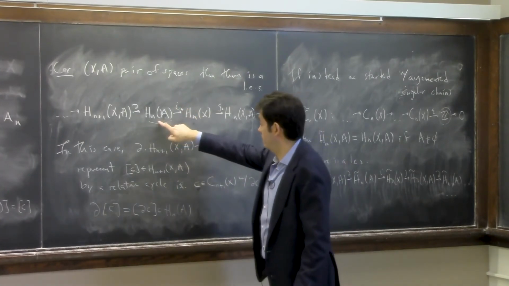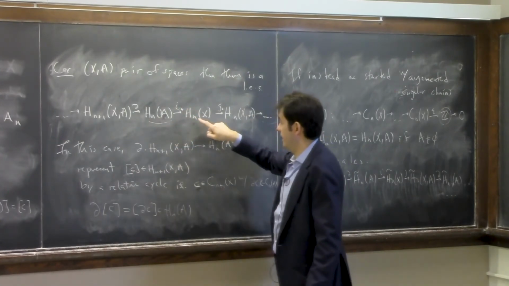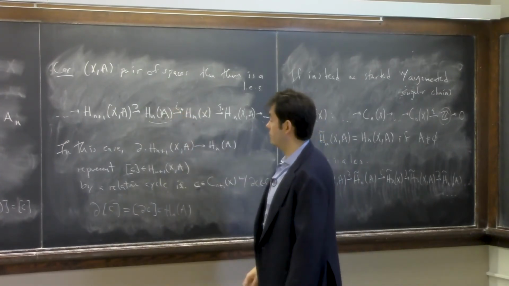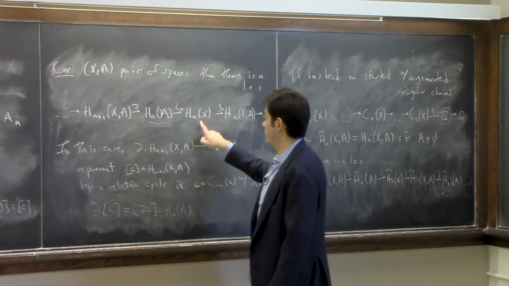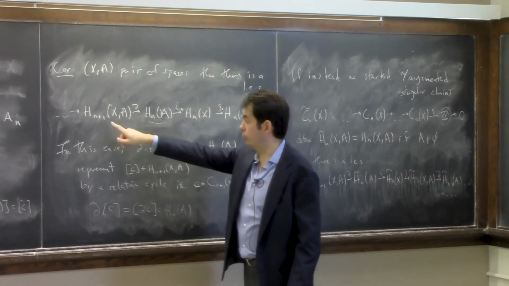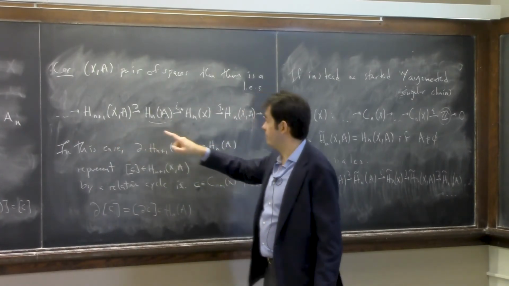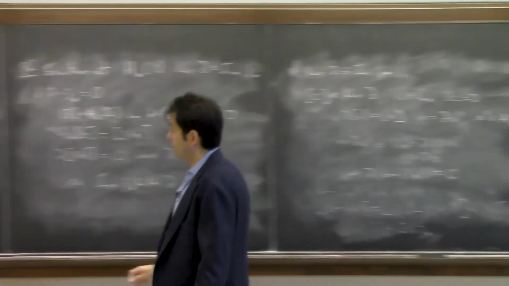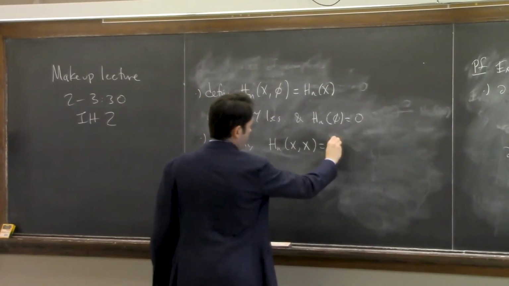So this is H_n X, this is H_n X, and the map between them is an isomorphism, right? So I think it's in the homework to show that if you have an isomorphism and you have this exact sequence, then this group has to be 0, right? And so is this group. So this is just 0 for all n.